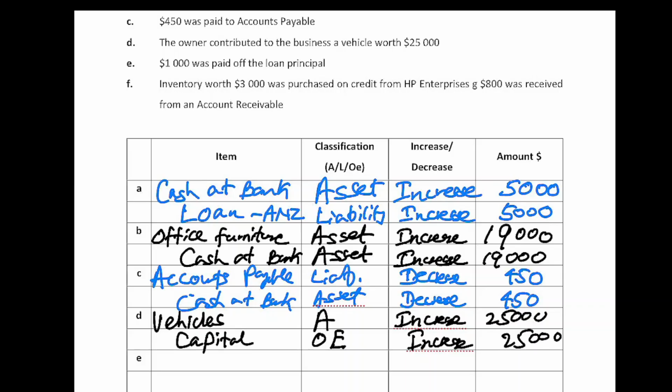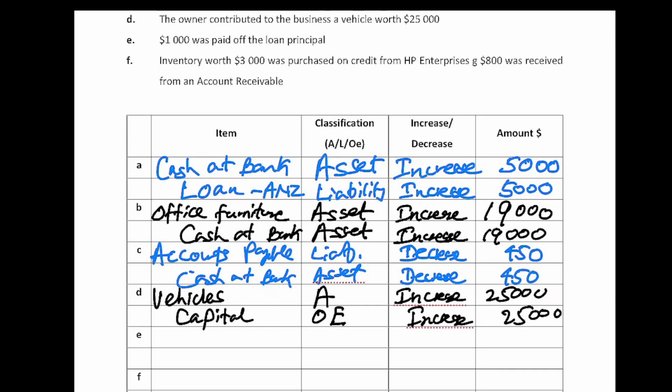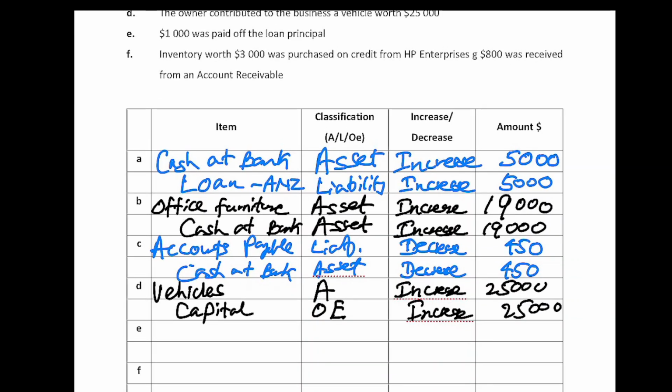Right. Part E. 1,000 was paid off the loan principal. Now what happens to that? Yes, Pratham, can you tell me? Loan principal decreases and cash decreases. Yes, both of them decrease.